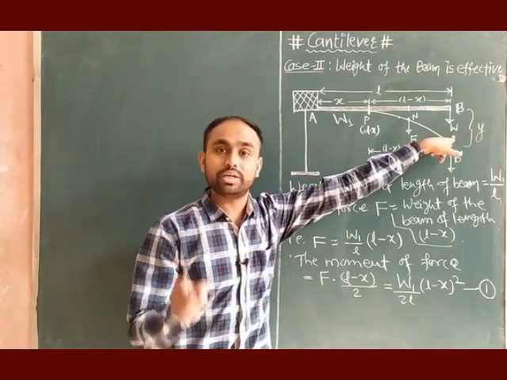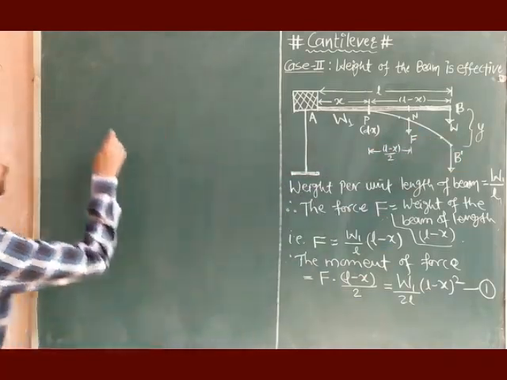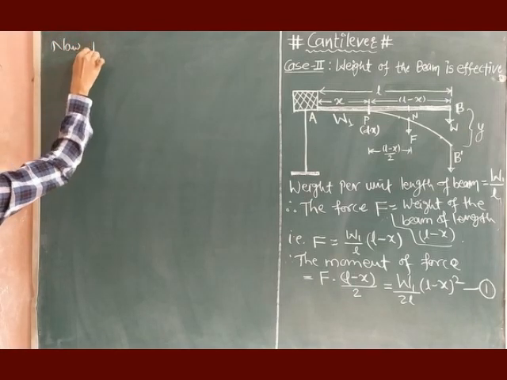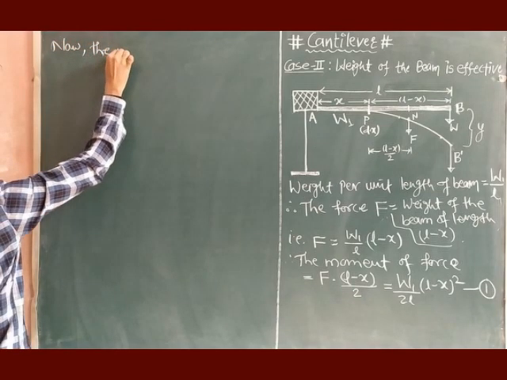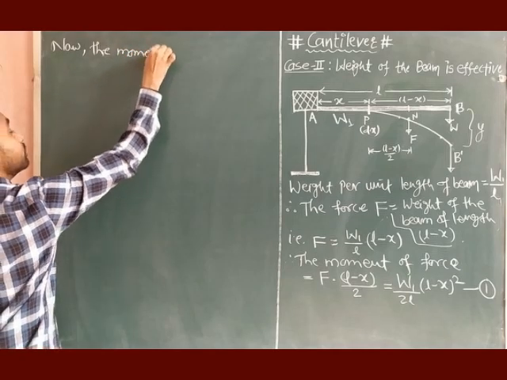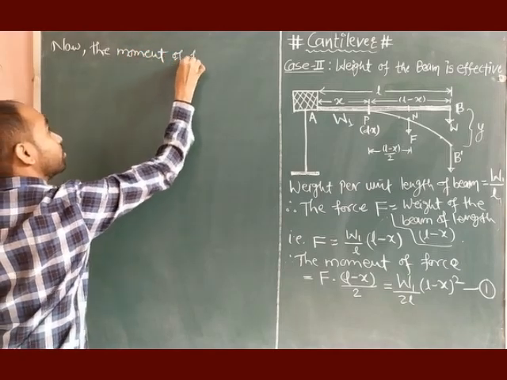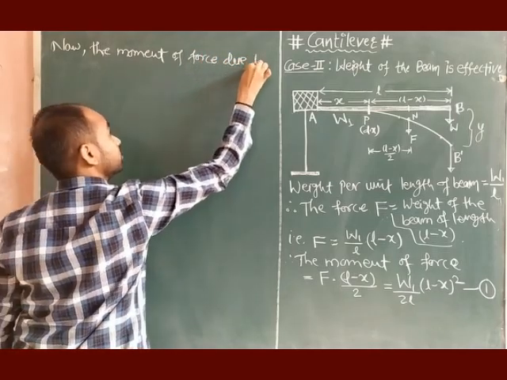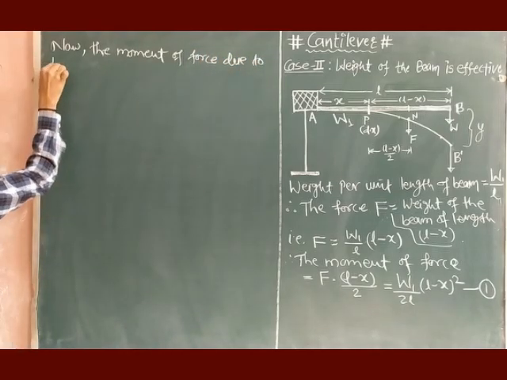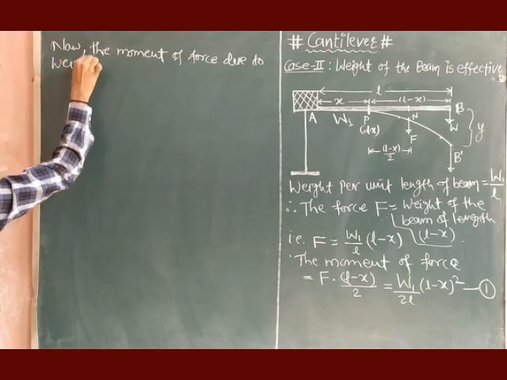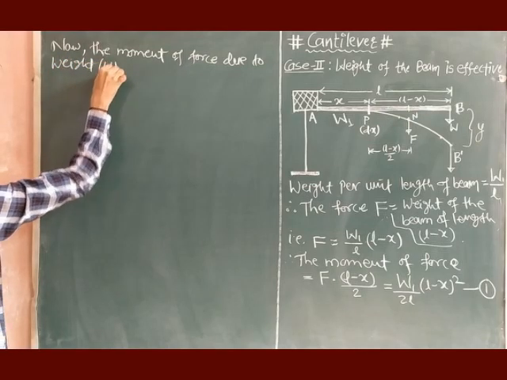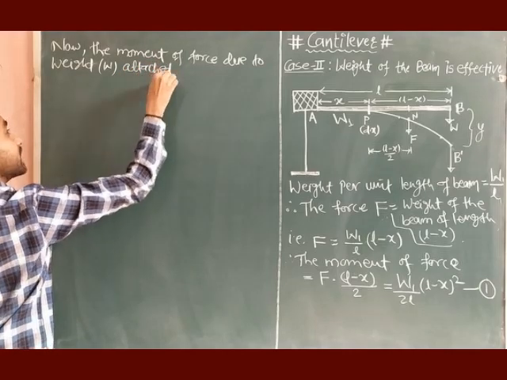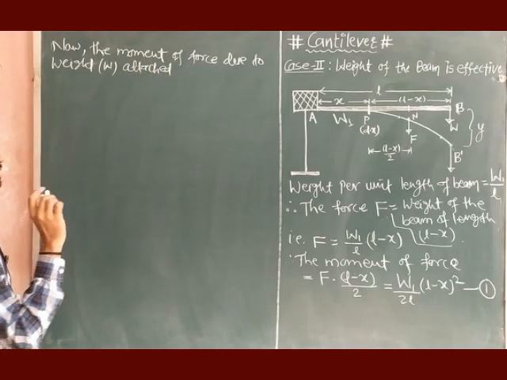Obviously that weight is also contributing, so let me write here the moment of force due to the weight attached, W. This is the weight we are attaching at the point B, right?